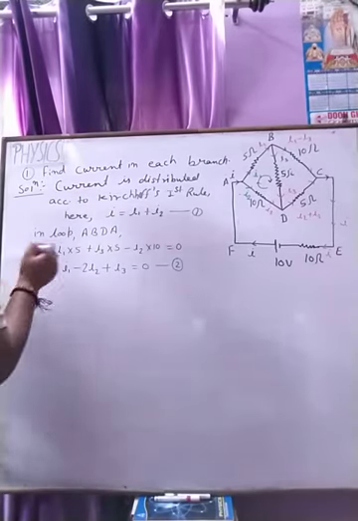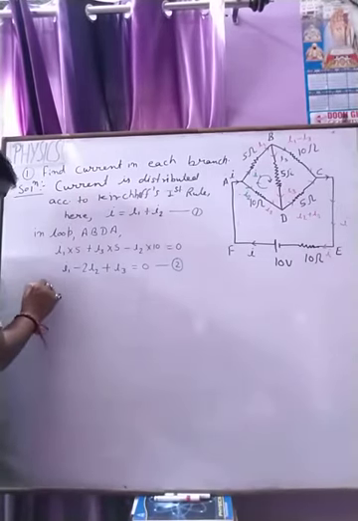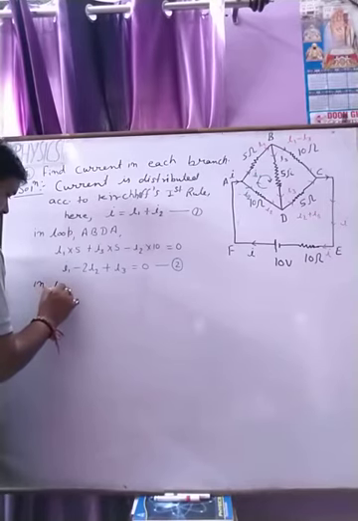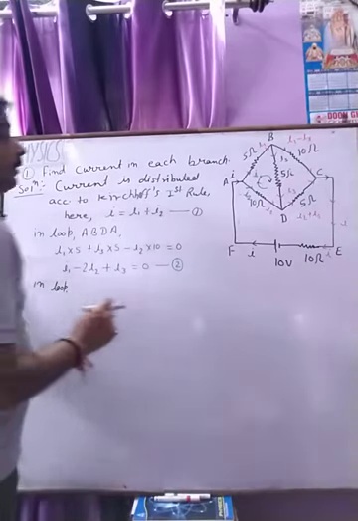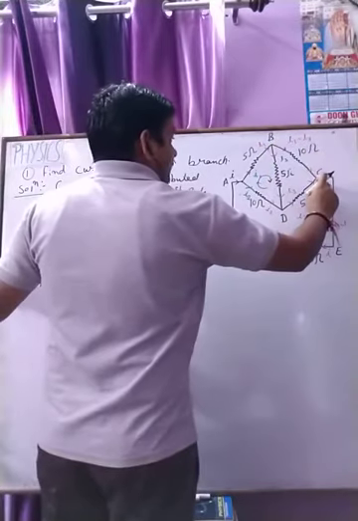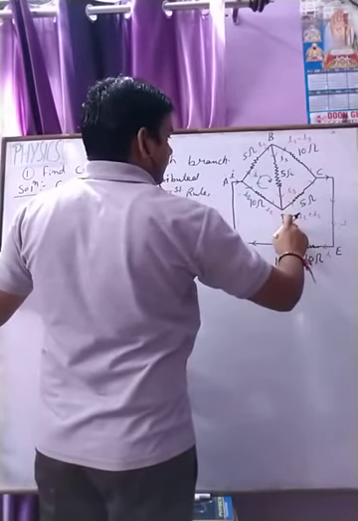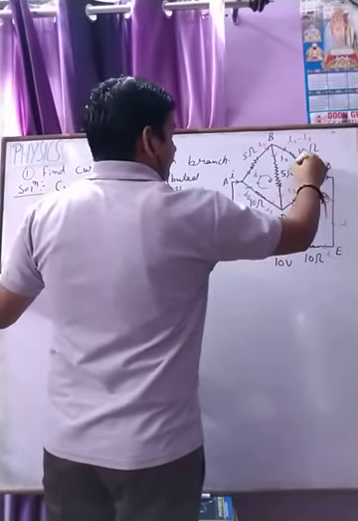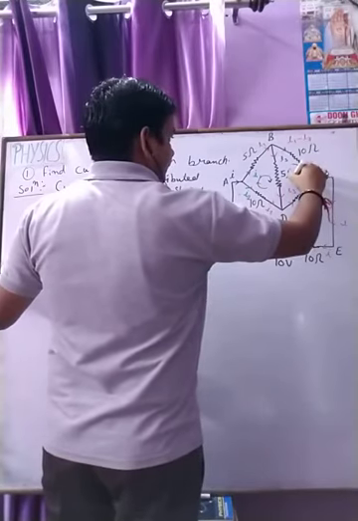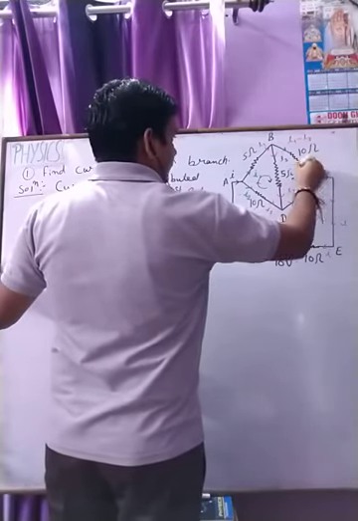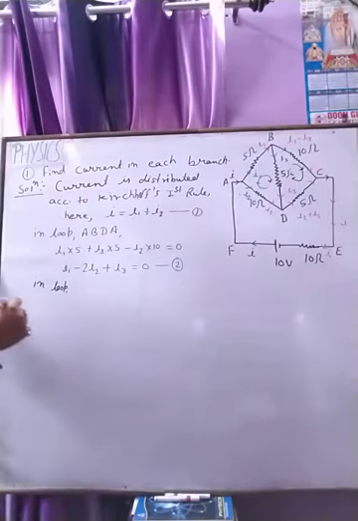Now in loop B, C, D, B, again we are moving in the direction of current.